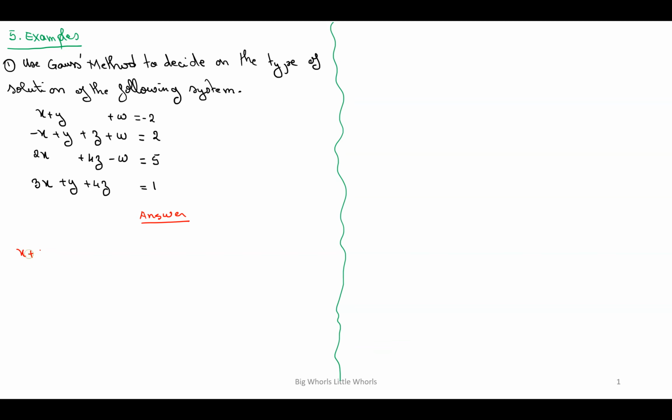So x plus y plus w equals -2. Then I'm going to just recopy our system: plus z plus w equals 2; 2x plus 4z, or z depending on where you are coming from, you can say z or zed; and 3x plus y plus 4z equals 1.